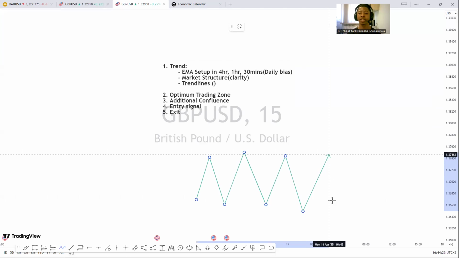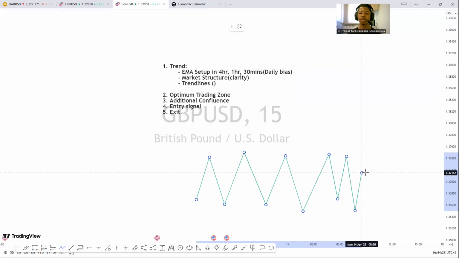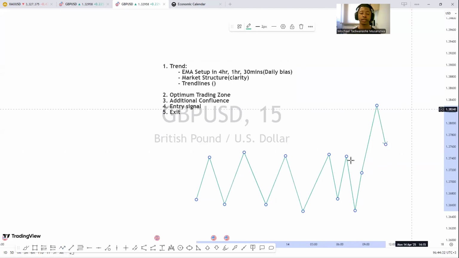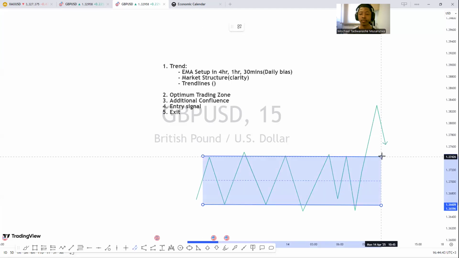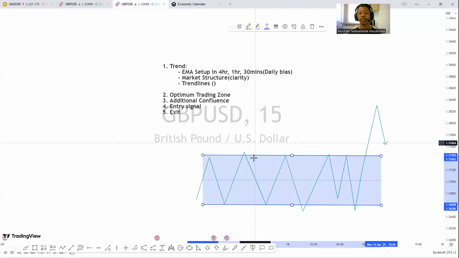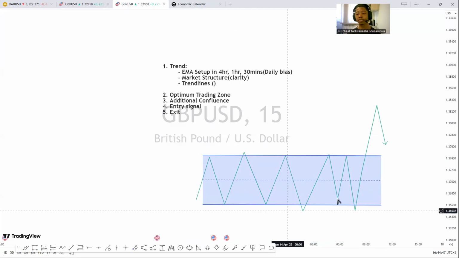Yeah, they won't be perfect. As I told you, the markets are not perfect. Maybe something like this, and then it will get out. So if we draw a channel right there, we can draw a channel right here. You can see that sometimes price goes out, sometimes it does not reach, but you can see that it will be ranging within this channel.